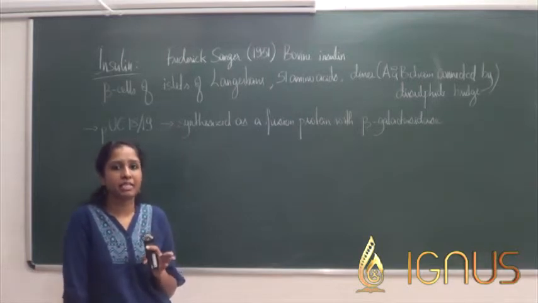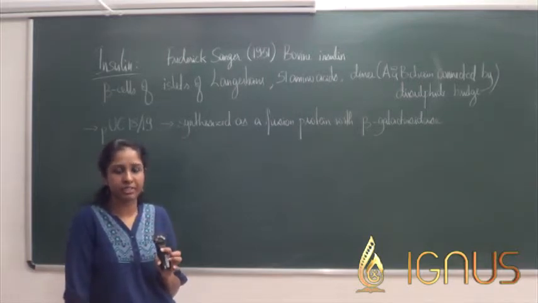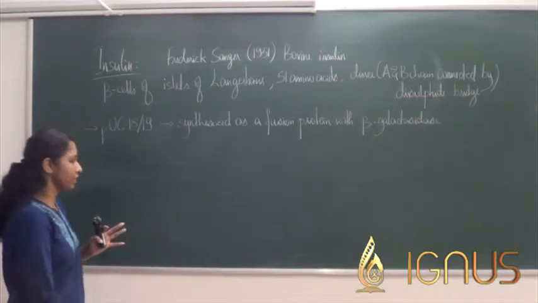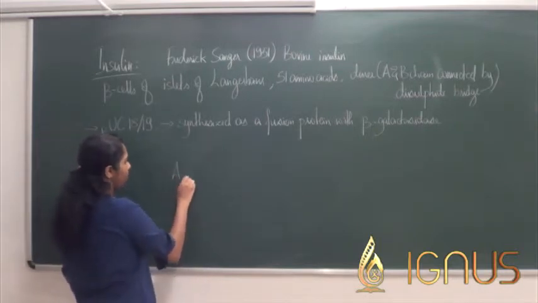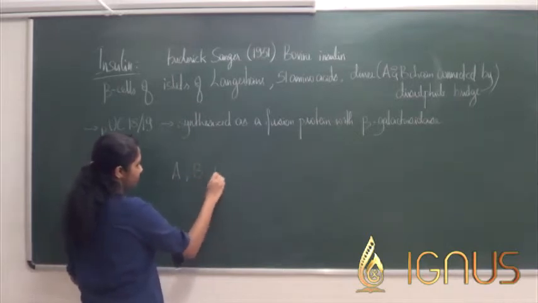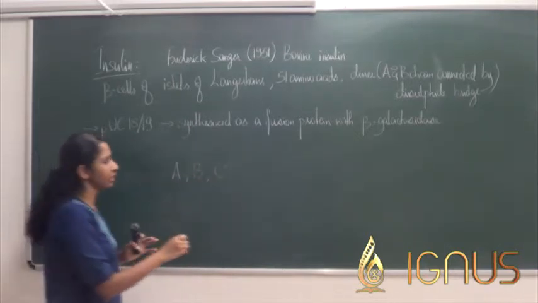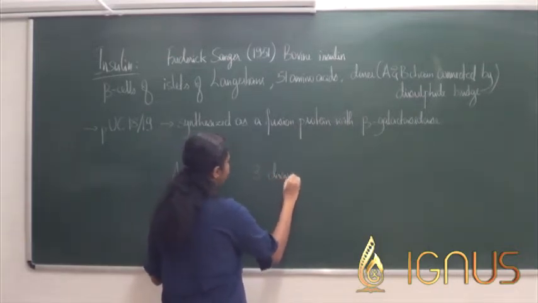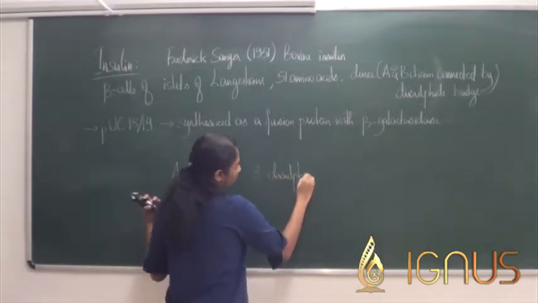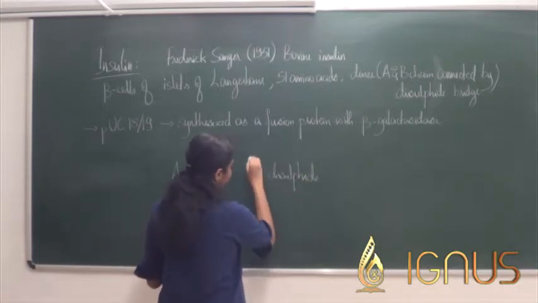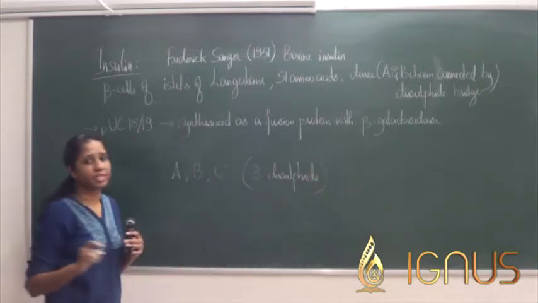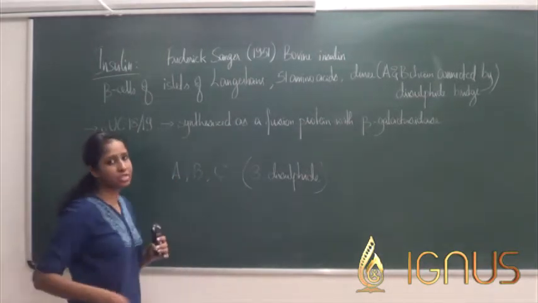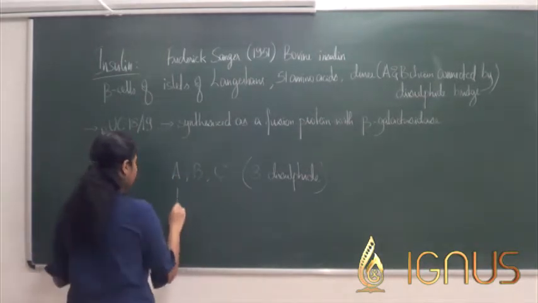Proinsulin is present in the Golgi apparatus, and proinsulin is actually made up of 3 subunits. You have A, B and C subunits. All of them are connected with a total of 3 disulfide linkages which are going to be connecting A, B and C subunits of the proinsulin.